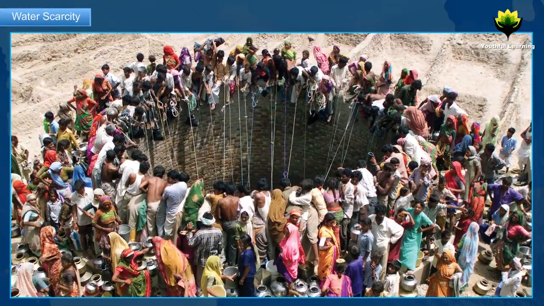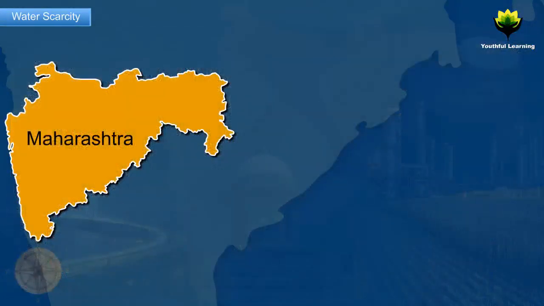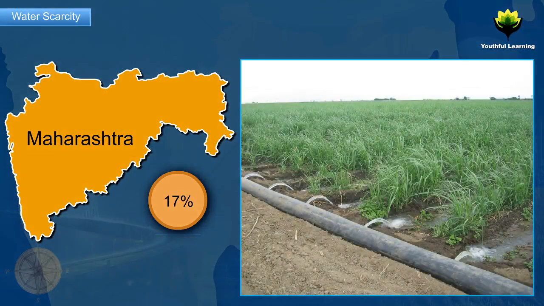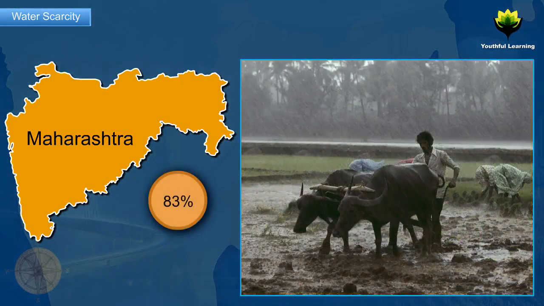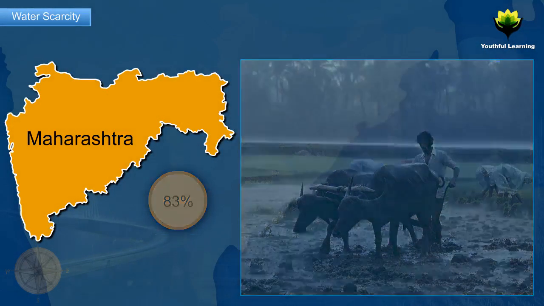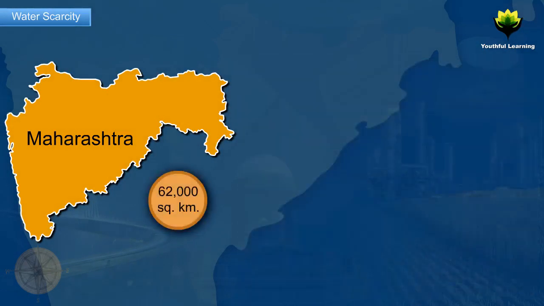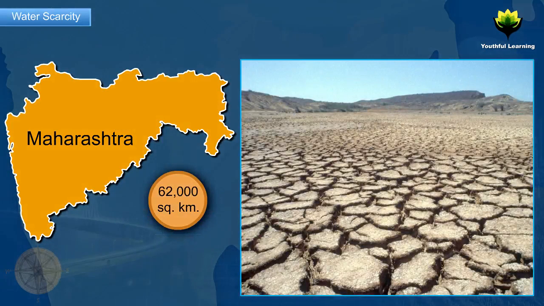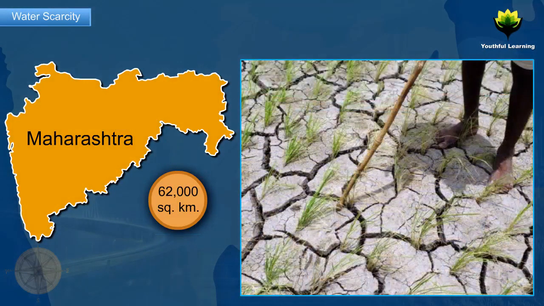Water scarcity. In Maharashtra, only 17% of the area is covered by irrigation, while 83% of the area depends on rainfall for agriculture. More than 62,000 square kilometers area in the state is drought prone, which leads to decrease in agricultural productivity.